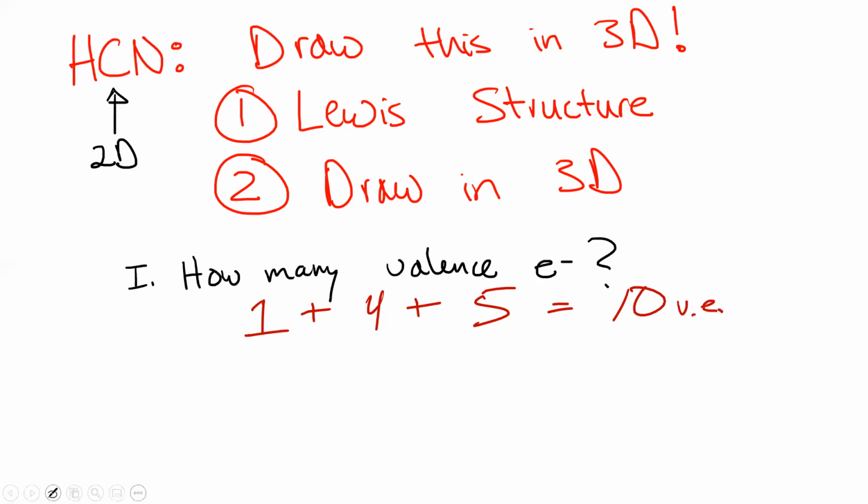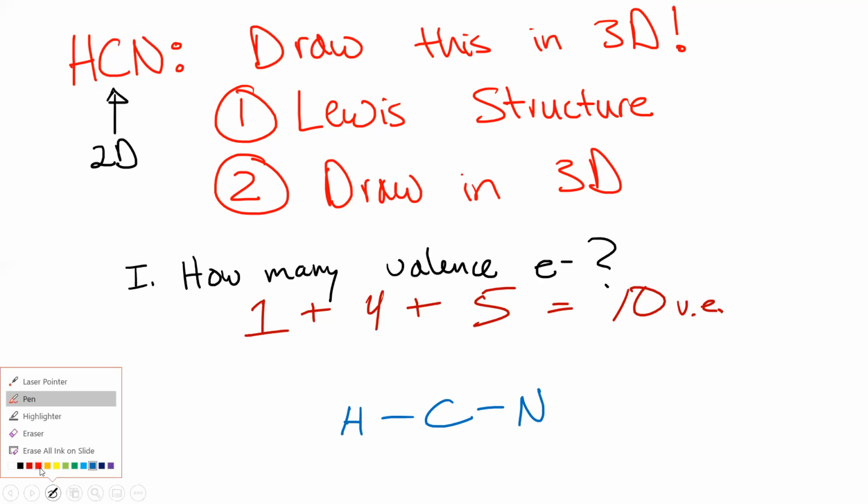That's perfect. Now, what's your center atom? C. Perfect. Carbon. Exactly. That means, of course, you're going to draw nitrogen there and hydrogen there. How are we doing so far? Good. Okay. Now, people sometimes start out by putting the valence electrons around.